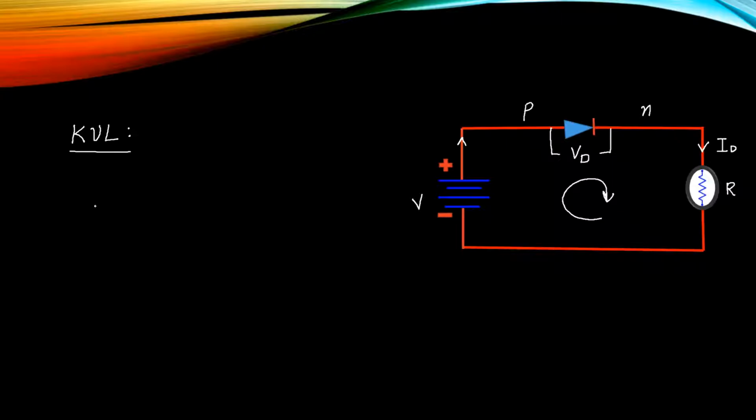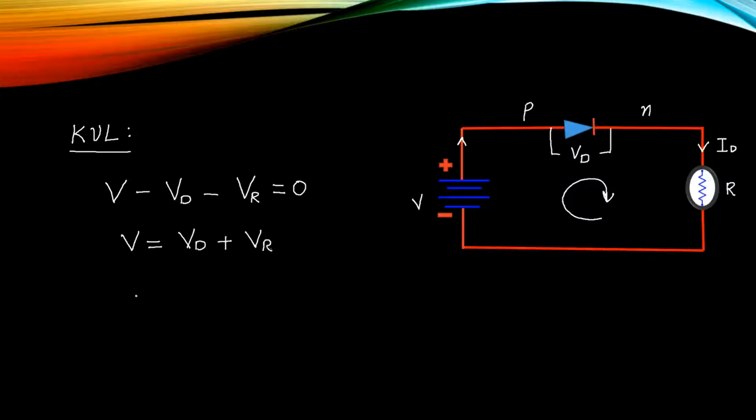From Kirchhoff law, I can write this equation as V minus voltage across the diode VD minus voltage across the resistance equals 0. If I simplify this equation, this will become V equals voltage across the diode plus voltage across the resistance.